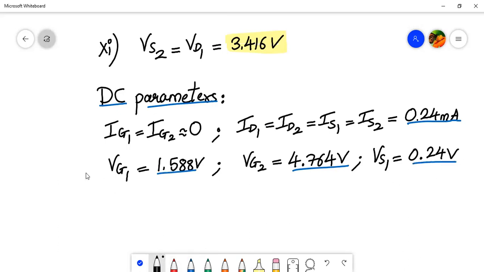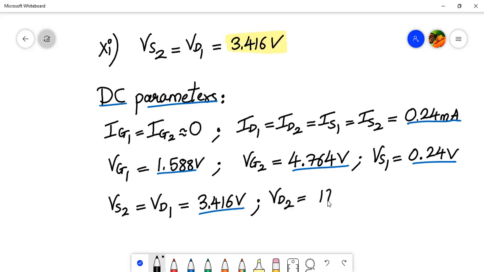Next, we calculated the value of VS2, which was the same as VD1, and came out to be 3.416 volt. And finally, we also calculated the value of VD2. So VD2 was around 17.2 volt. So these are all the terminal currents and terminal voltages for the given cascode amplifier, which we just now found out. Fine?